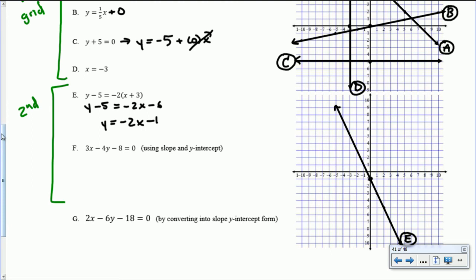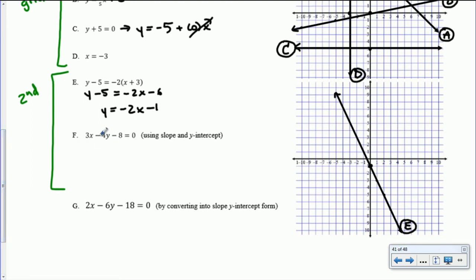Using slope y-intercept. Okay, so let's bring the negative 4 to the right. So we got 3x minus 8 equals 4y. Get rid of the 4. So 4 needs to divide through everything. Get y equals 3/4 x minus 2. So 3/4 x minus 2, the y-intercept will be there. 3/4, up 3, right 4, up 3, right 4, and so on.